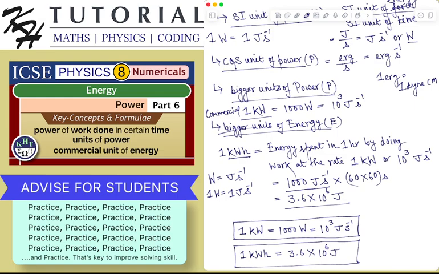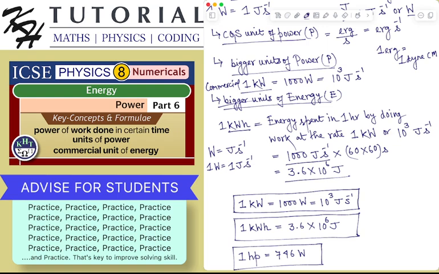This is a very important formula: 1 kilowatt hour is equal to 3.6 multiplied by 10 to the power 6 joule. Now this 1 kilowatt hour, which is the commercial unit of energy, is also in short form known as 1 unit.